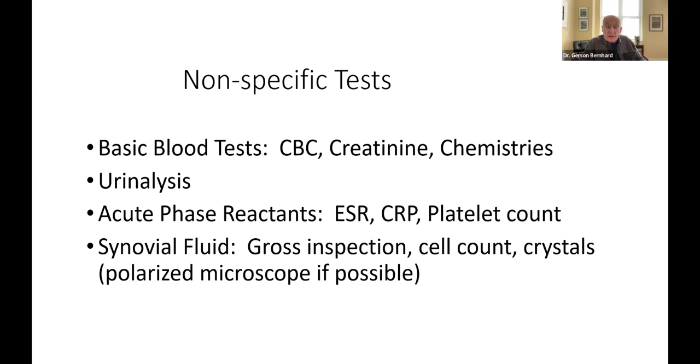If it is cloudy, that almost immediately tells you there's an increased cell count. That means inflammation. And then the question is, am I looking for crystals such as urate crystals or pyrophosphate crystals? Or am I looking for evidence of infection? And that's why the polarized microscopy that you should request of the laboratory is important. Next slide, please.